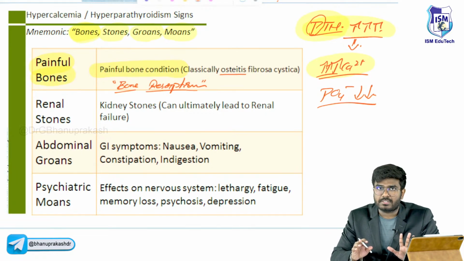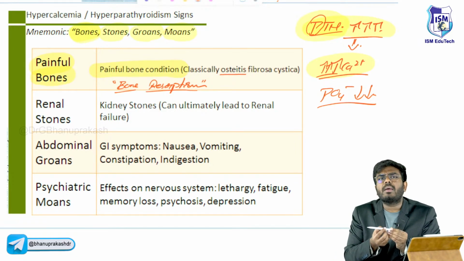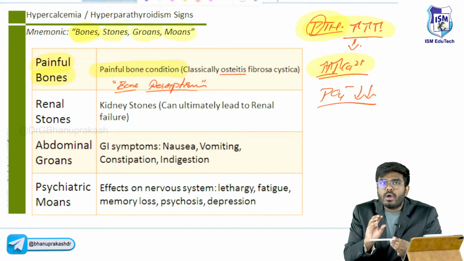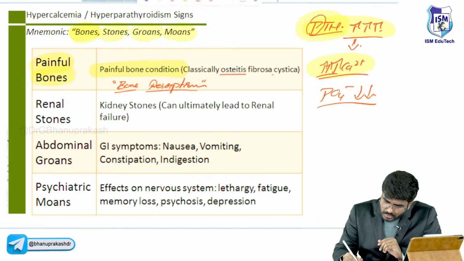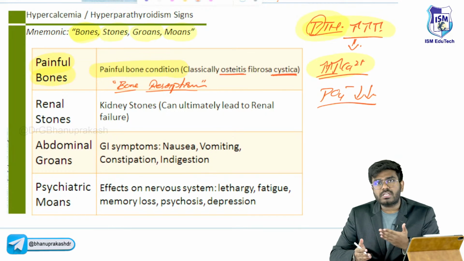Okay. I will show you the images also. First, bones are getting damaged because of the excessive parathyroid hormone. As the bones are being damaged, there will be little fractures and little hemorrhages also that are going to happen in the bone. So these hemorrhages are going to appear like a cyst. So cyst. Okay, osteitis. There will be cysts, and after that the bones are also going to heal, right?